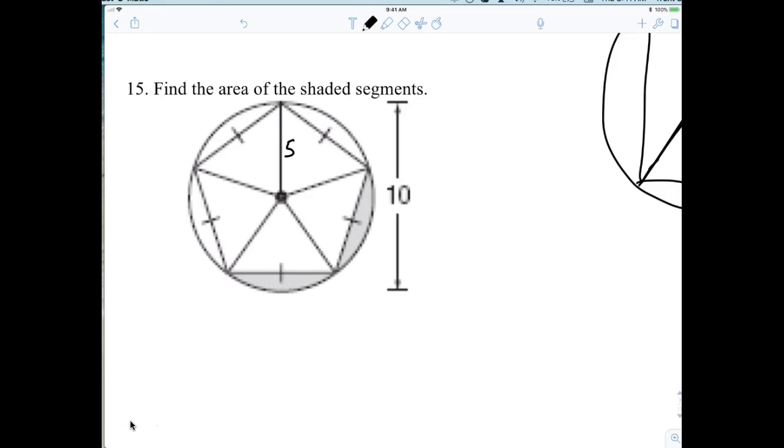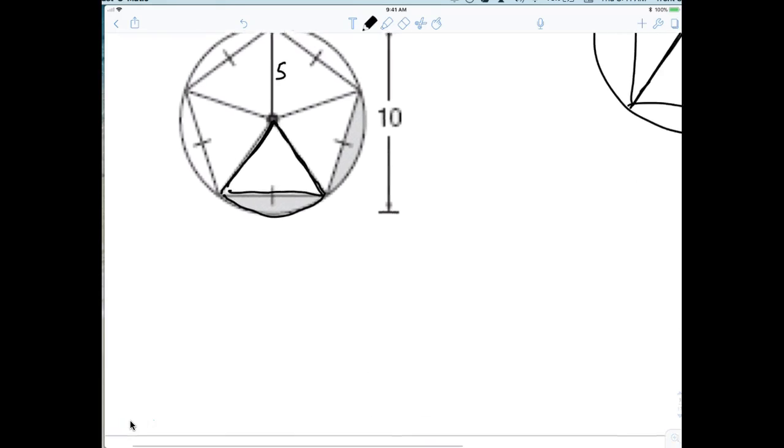So you can find the area of this sector, find the area of this triangle, and then subtract them and then multiply by 2. All right, so there's several ways of doing that. How would you find the area of that little sector? That's what we're going to do right now.